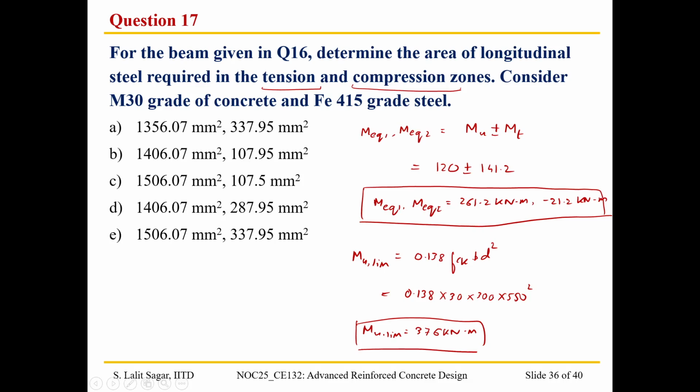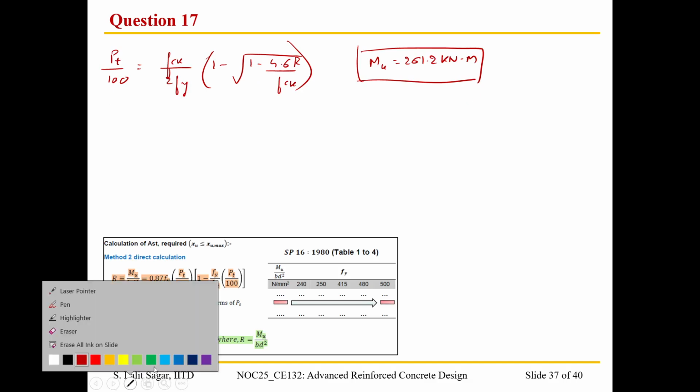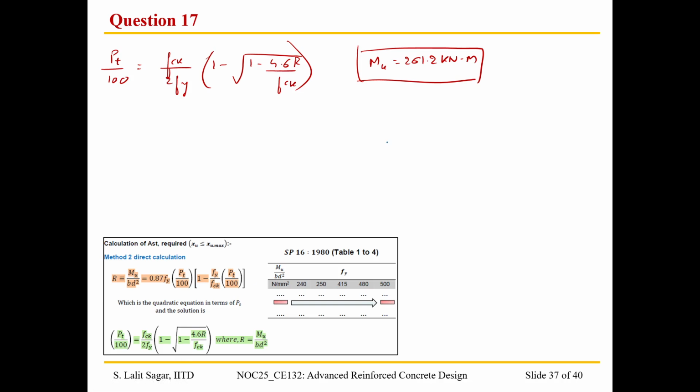So what is the value of R? R is equal to Mu by bd square.